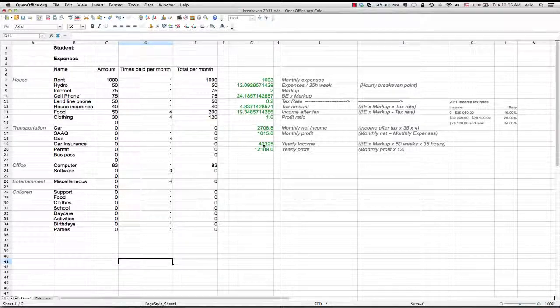And it just all adds up. We are now close to $1,700 a month worth of expenses. You've got to make at least $1,694 to be in the black and out of the red. And you just fill out all of this, and that really gives you the idea of where to start.